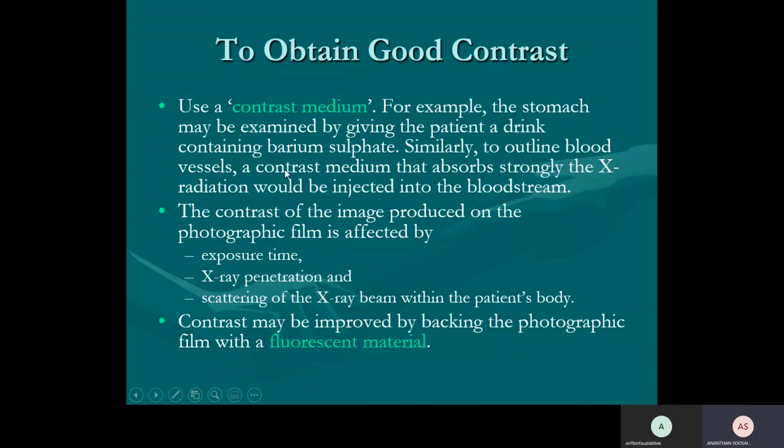So to outline blood vessels, a contrast medium that absorbs the X-ray radiation strongly would be injected into the bloodstream. The contrast of the image produced on a photographic film is affected by 3 factors. You can increase the contrast, not only by injecting the dye. You can increase the contrast by increasing the exposure time.